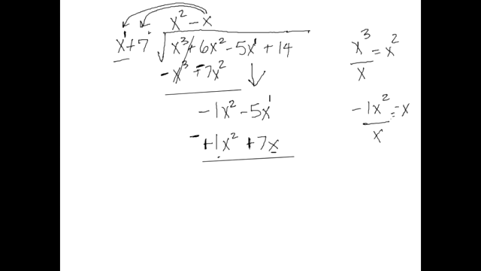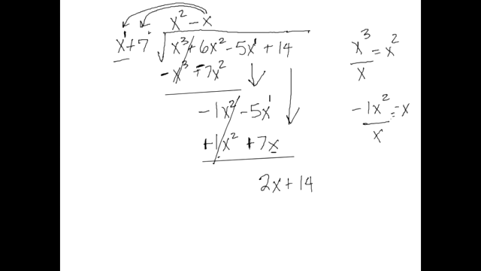I get into the habit of saying this little phrase: draw a line and change the sign. Draw a line and change the sign. Then when you combine, this cancels out, and negative 5x squared plus 7x, well, that becomes positive 2x, and then I'm going to bring down my next factor.